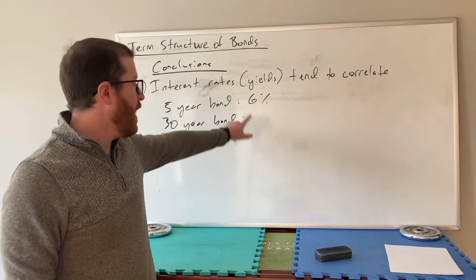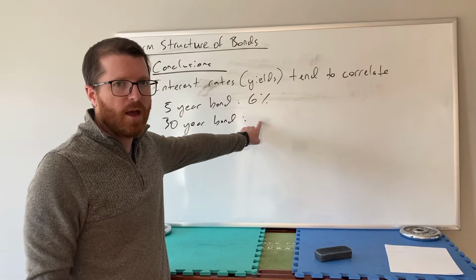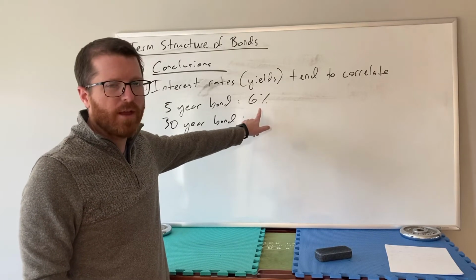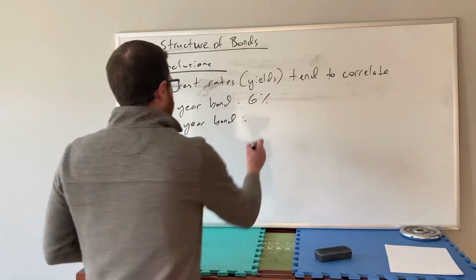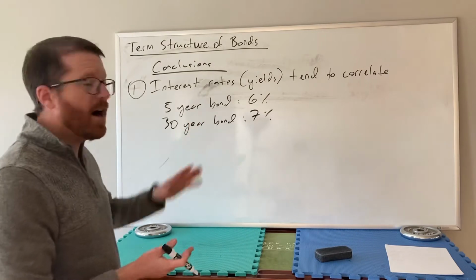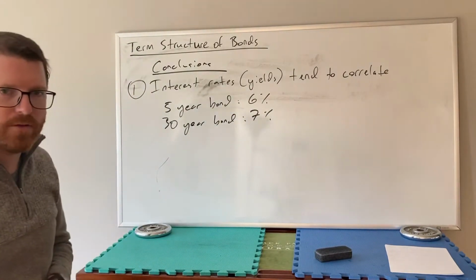They're not going to be the same, most likely, but this isn't going to be 2%, okay, and it's also not going to be 20%. It's going to be somewhat close to that 6% rate. So what we might actually see is that this is 7%, okay? All right, so that's common. It would be very uncommon for there to be a big gap between these two.